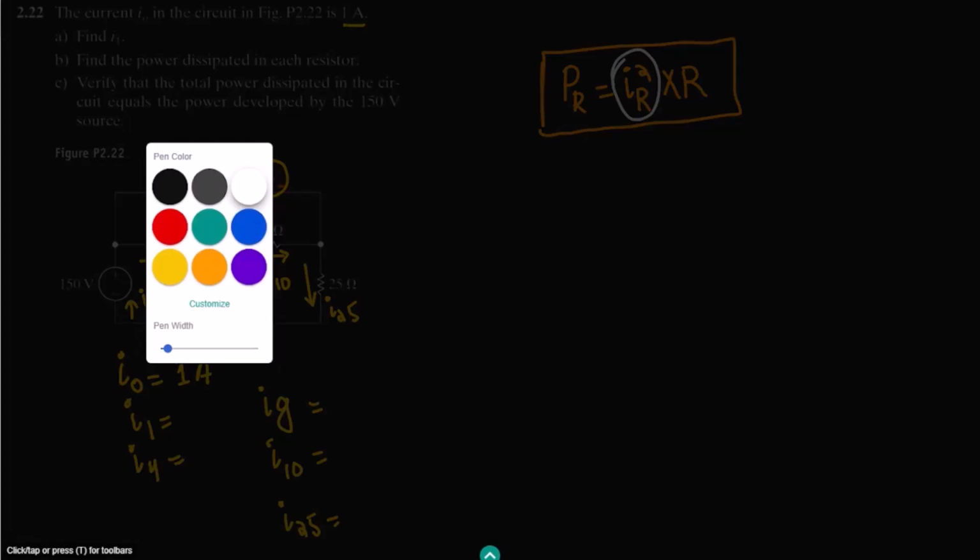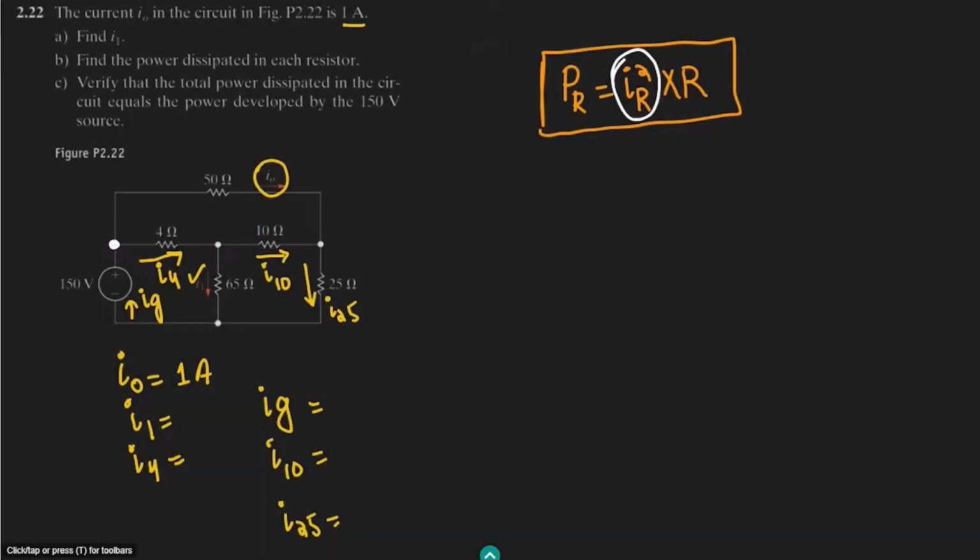First of all, we can see that the voltage here is 150 volts if we consider this one as the ground, which has 0 volts. Let me call the voltage at this point VB, and the voltage here VA.